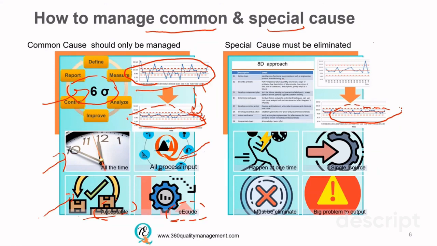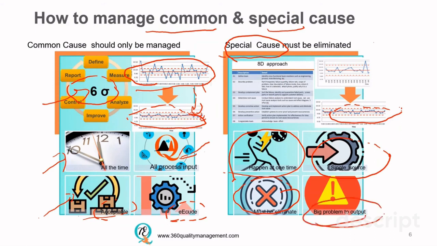The next variation is special cause variation, which happens only at one time, and it could be due to a single source and must be eliminated immediately, and it will have a big impact on the output if it's present.